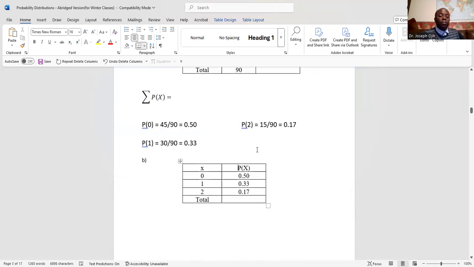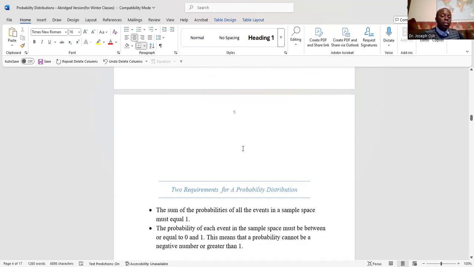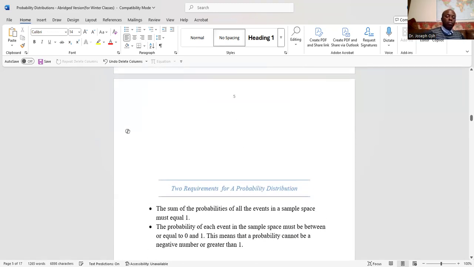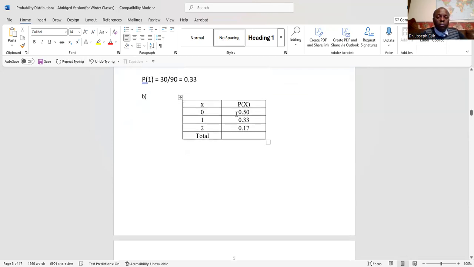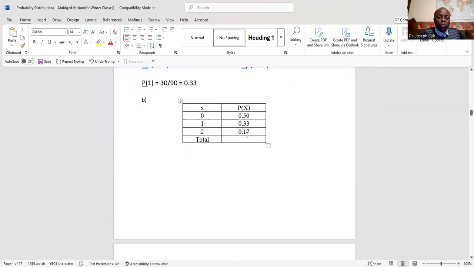So let's draw the graph for this. I'm going to do it in this form. I'll use 0.1, because it goes from 0.17 to 0.50.